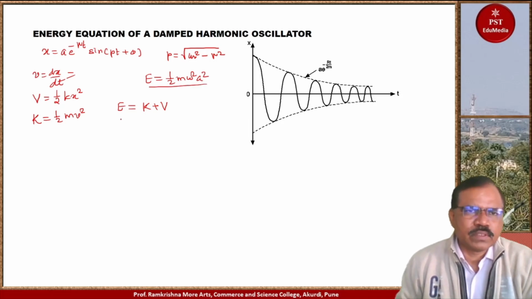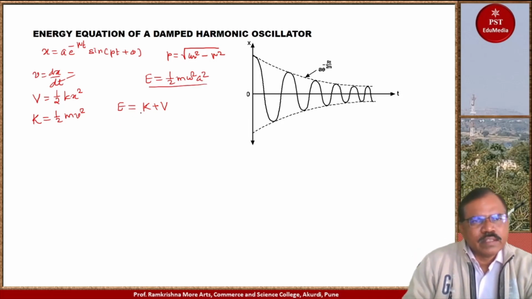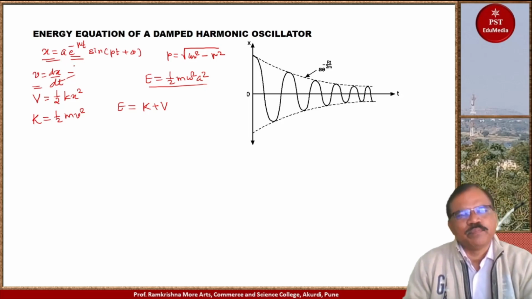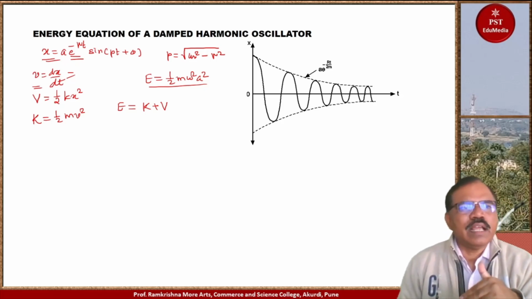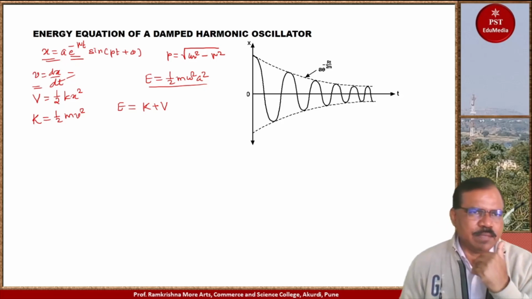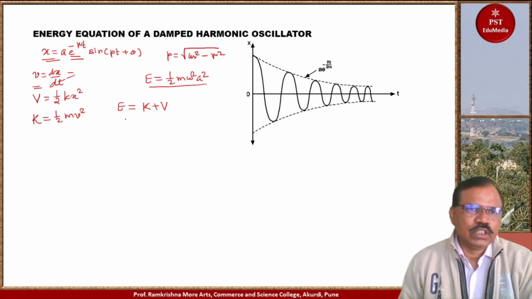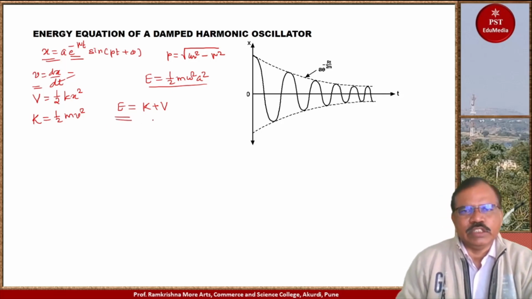In undamped oscillations, we know E is equal to 1/2 m omega square a square, that is constant. So what happens here? Since x changes with time, velocity will also change, means amplitude decreases with time. Potential energy and kinetic energy, they will also change. So this energy will also change.